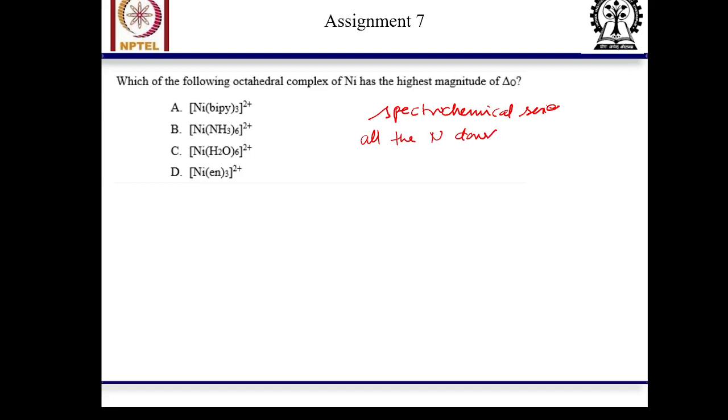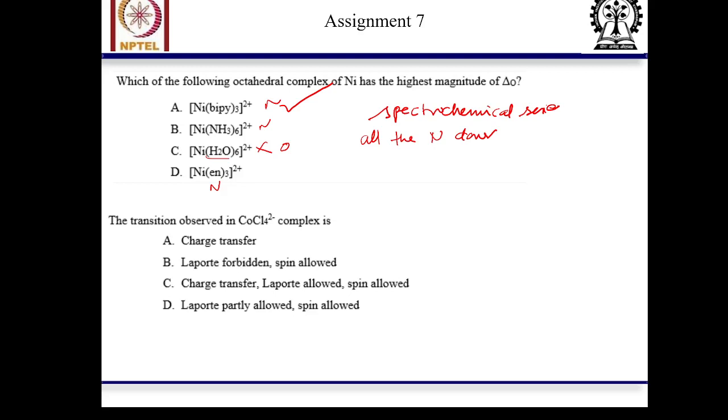Now we have to find out which is the strongest ligand. So first, this will not be it because it's an O donor, whereas these are N donors. So this is incorrect. Now NH3, en and bpy: which one has the highest magnitude of delta O? Definitely, if you look into the spectrochemical series, bipyridine is the stronger ligand compared to NH3 and en.